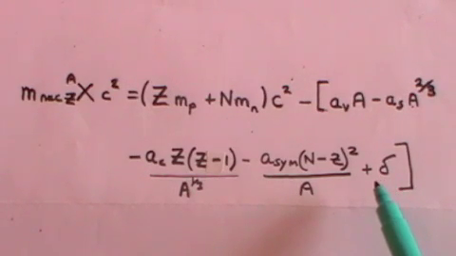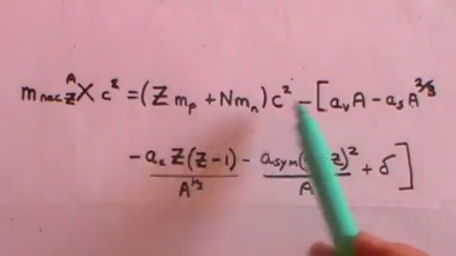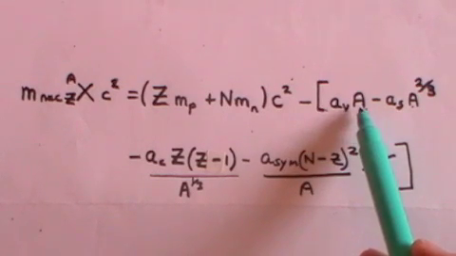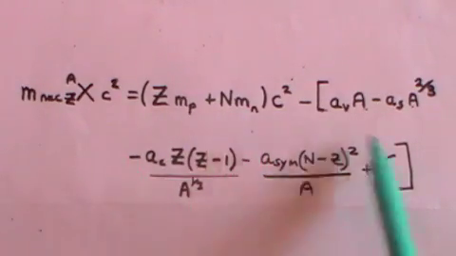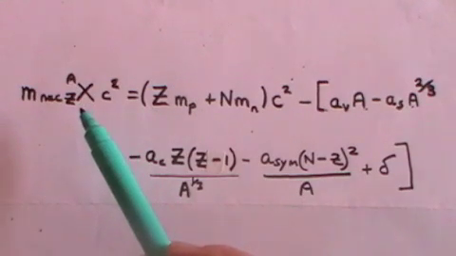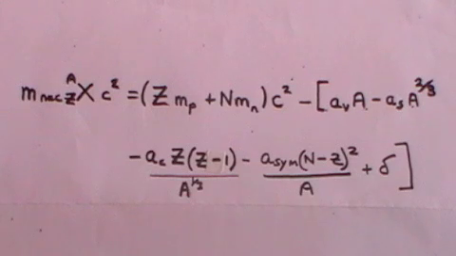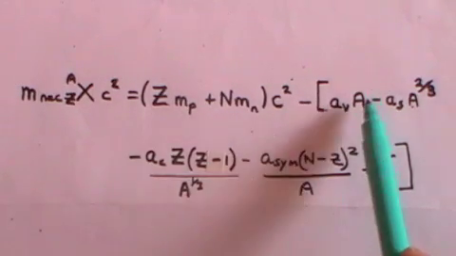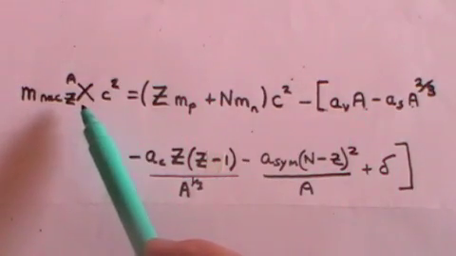And yes, in theory, you could put any number of Z's and any number of N's, and don't forget A is constrained, A is Z plus N, but any old Z's, any old N's into this formula, and you would generate the nuclear mass of the associated atom. But nature says, when you give me a certain number of nucleons, I want to occupy the lowest possible mass energy. That's the one that will be stable.